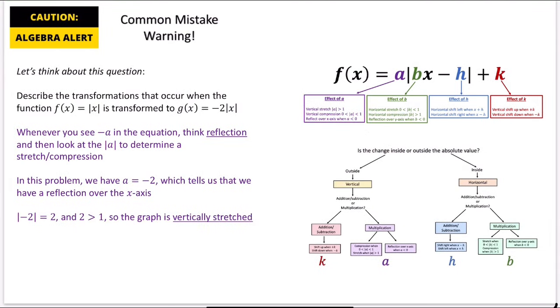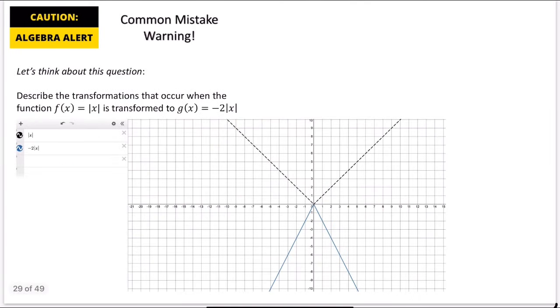So the negative 2, we look at the absolute value, and the 2 is bigger than 1, so that's how we have the vertical stretch. Once again, if you type this into Desmos, you'll see that the graph has been reflected, but this graph is taller, right? So it's been stretched vertically. It doesn't look like it's been vertically compressed.